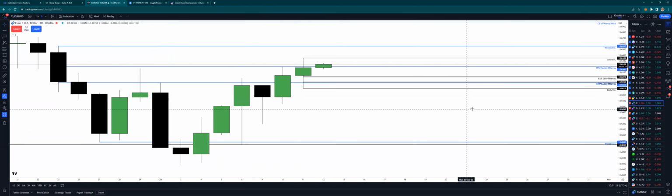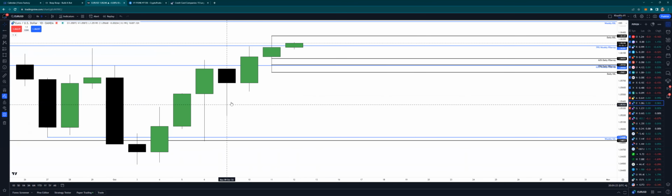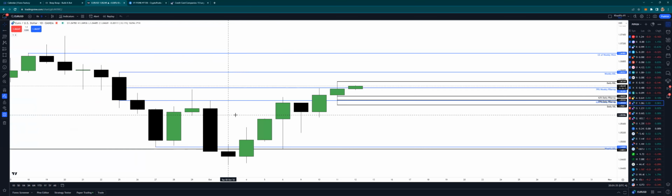So let's go to our currency pair and take a look at how markets opened. Looking at currencies Monday, we did open up bearish. I'm sorry, guys, I got distracted for a second.